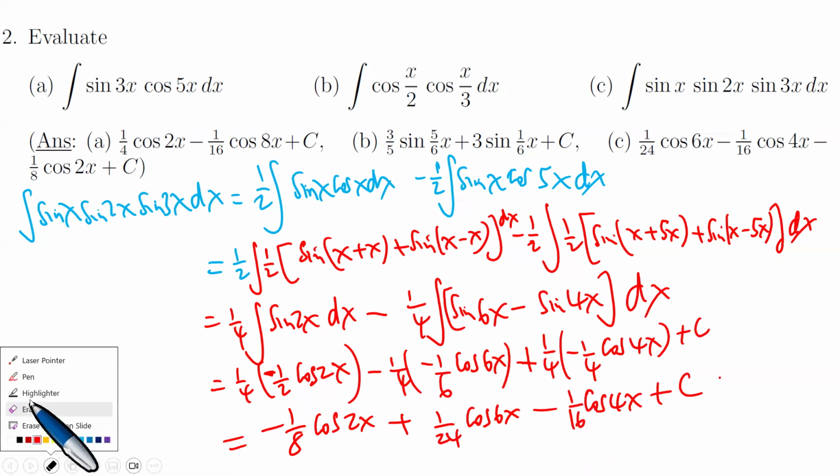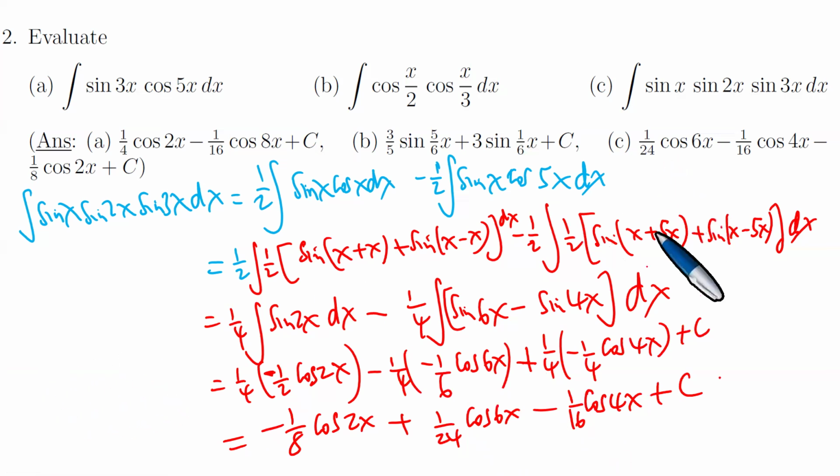So in the end we have 1/24 cosine 6x minus 1/16 cosine 4x minus 1/8 cosine 2x plus c. Right, so that will be the answer to part C, and we've got exactly the same answer.